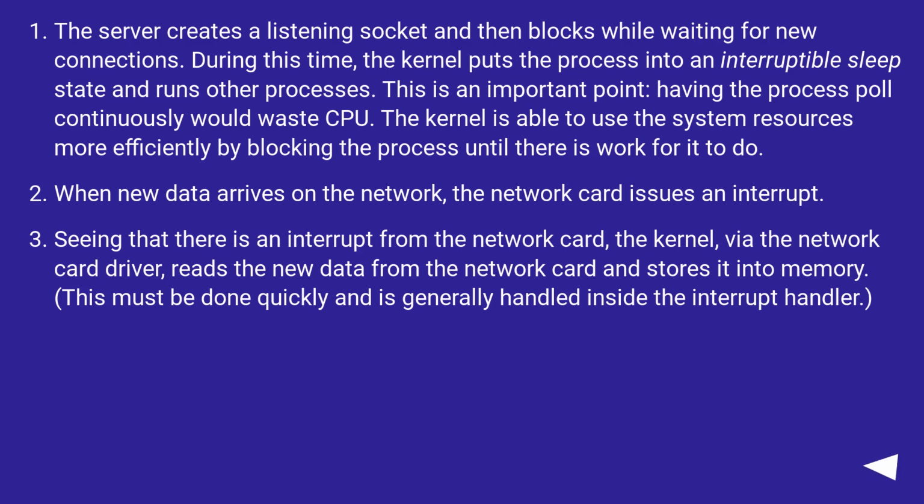When new data arrives, the network card issues an interrupt. Seeing that there is an interrupt from the network card, the kernel, via the network card driver, reads the new data from the network card and stores it into memory. This must be done quickly and is generally handled inside the interrupt handler.